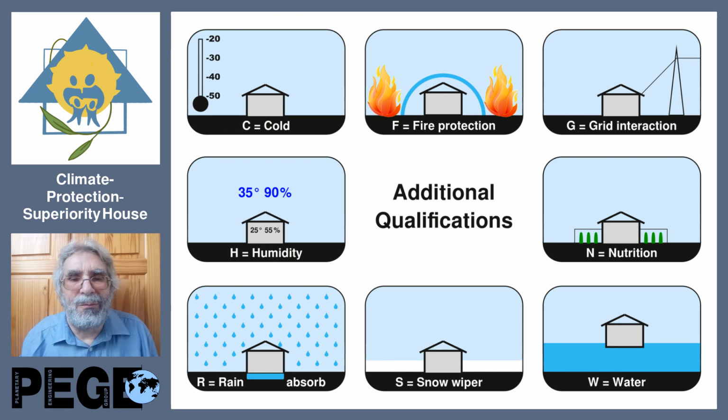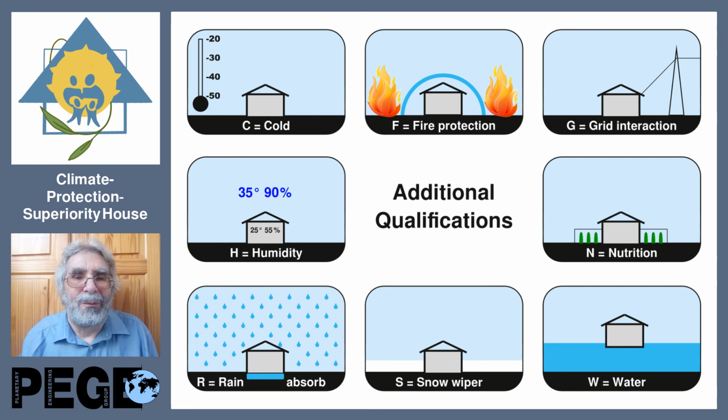Nutrition, that you can make your own nutrition in a glass house with vertical farming aeroponic. Rain absorb. A meadow absorbs rain. A normal house doesn't absorb rain, but in this case, the house should absorb more rain than a meadow.